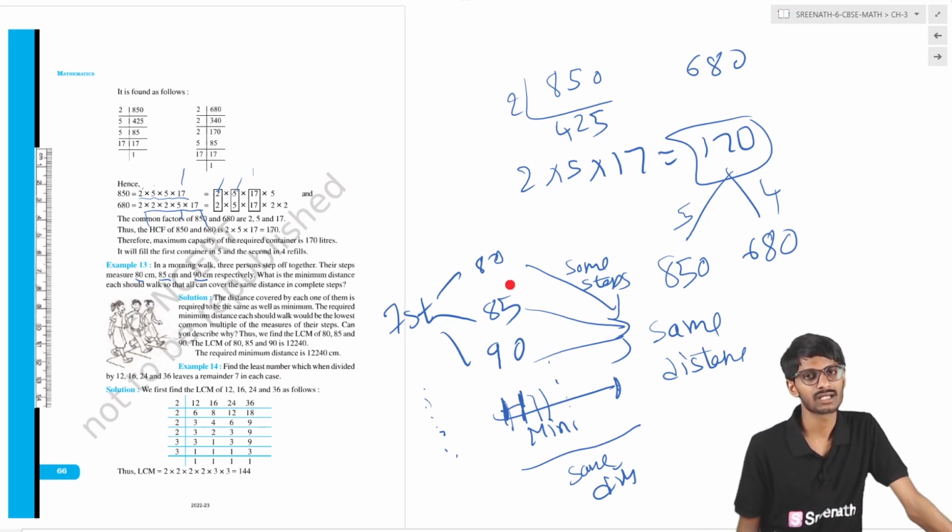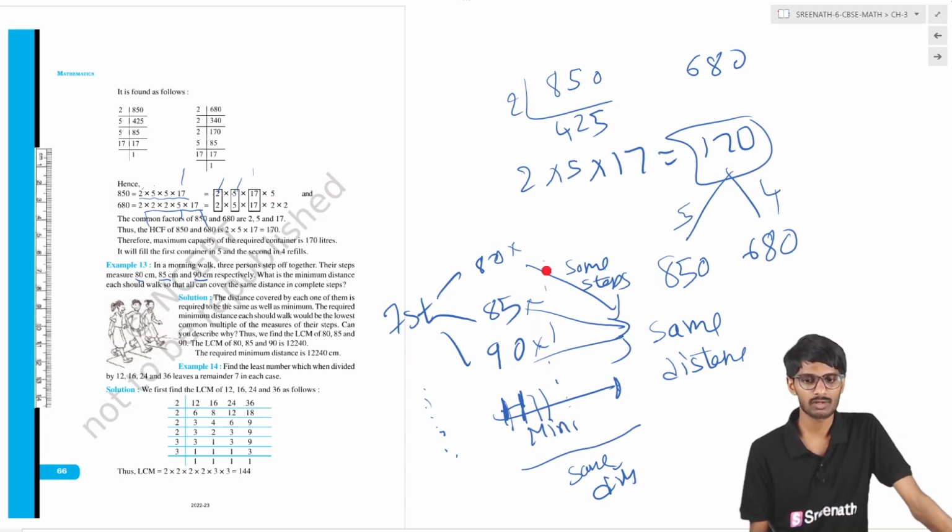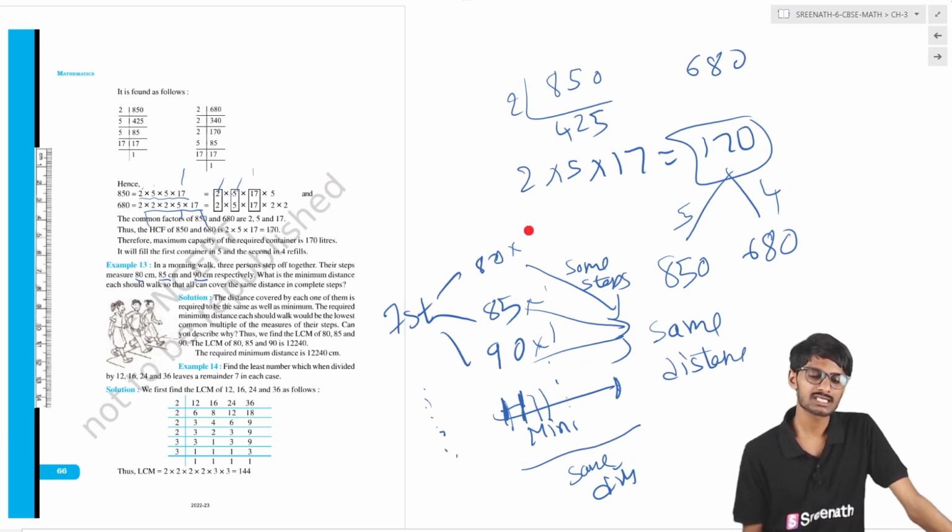That is nothing but the least common multiple. A multiple of this, a multiple of this, and a multiple of this must be the same. Multiple of this, multiple of this, multiple of this, and all give the same value. Then only will they have covered the same distance. So it is the least common multiple of these three numbers.